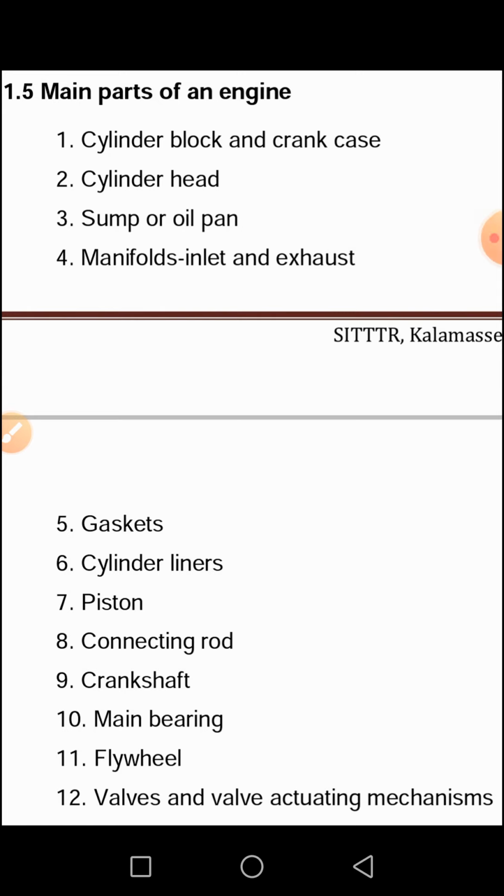Students, today we are going to discuss the main parts of an engine.